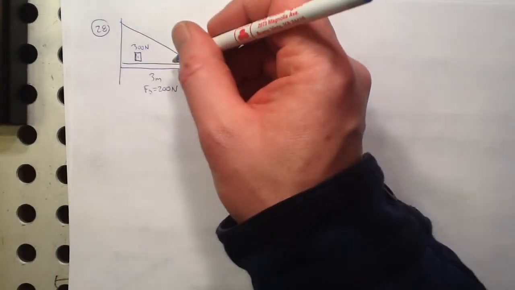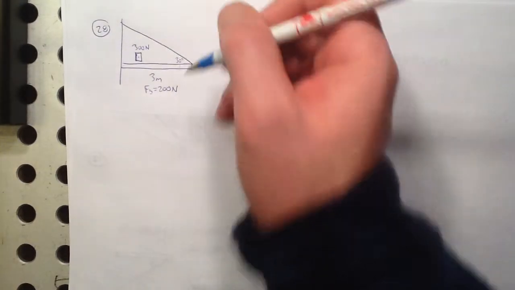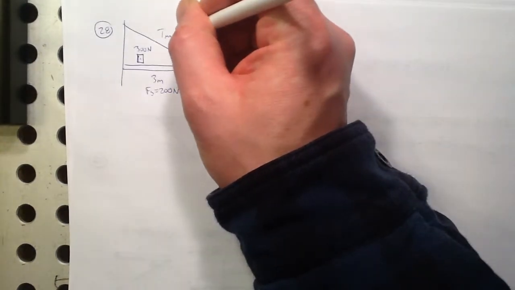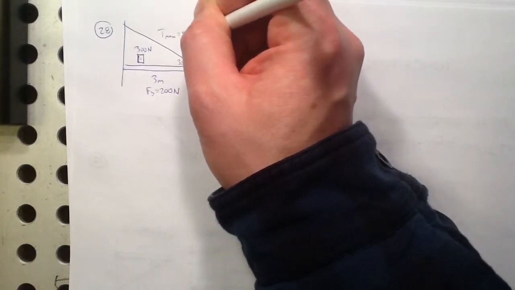And let the angle here be 30 degrees. The wire can withstand a maximum tension of 500 newtons. What's the maximum possible distance x before the wire breaks?